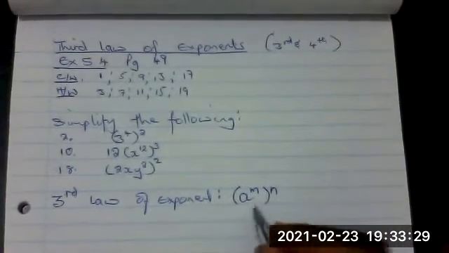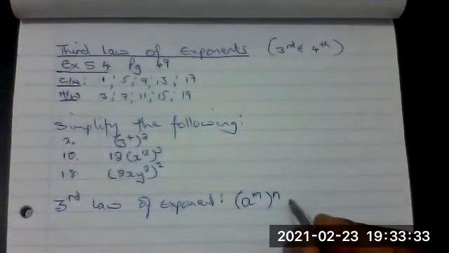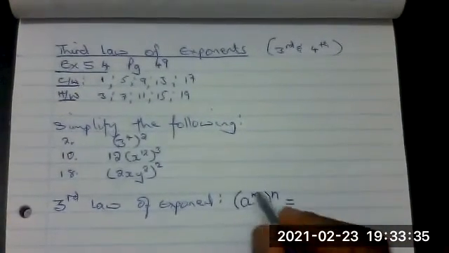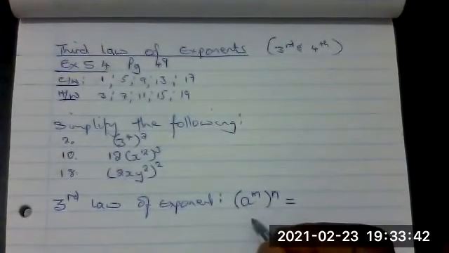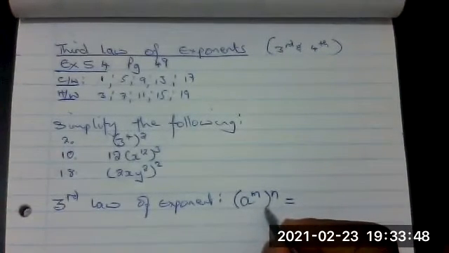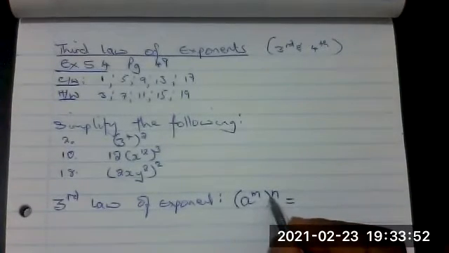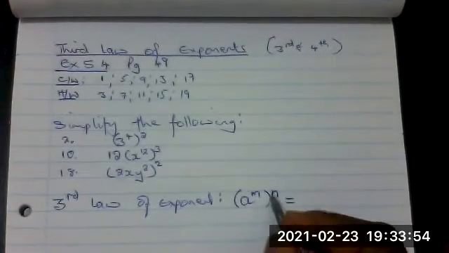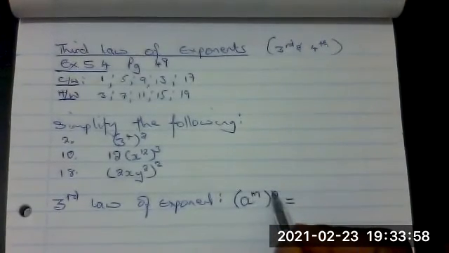Whenever we are simplifying such a problem in general, we are multiplying the bracket n times. It was found that we can shorten the whole process by just multiplying the exponents.